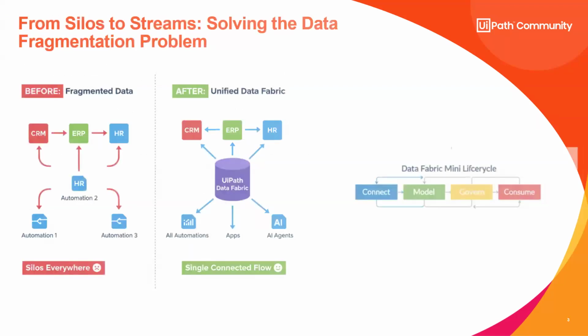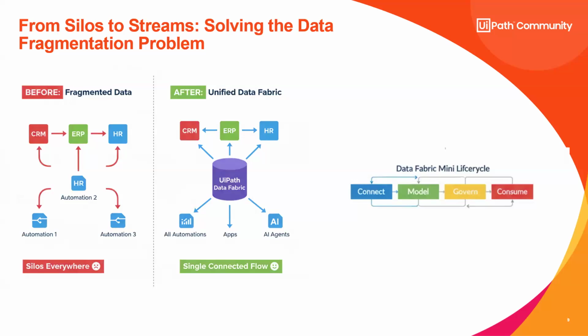From silos to streams. So now let's go a little deeper into this idea of data fragmentation and how data fabric helps us move from silos to streams. In most enterprises, each department uses its own tools.